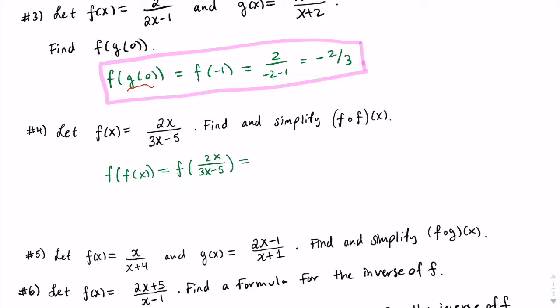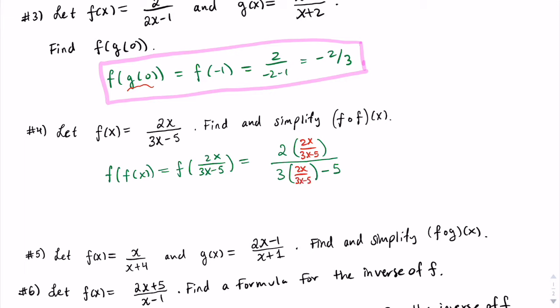And this is just going to be 2 times x divided by 3x minus 5. Well, what are we replacing inside of those parentheses? We're replacing with 2x over 3x minus 5, and 2x over 3x minus 5, like this.